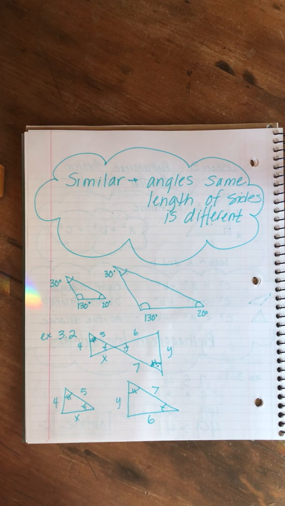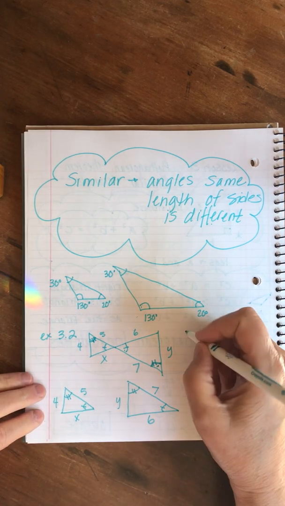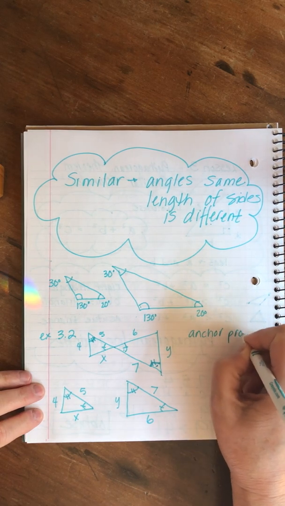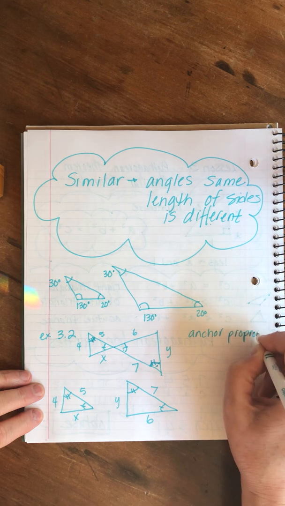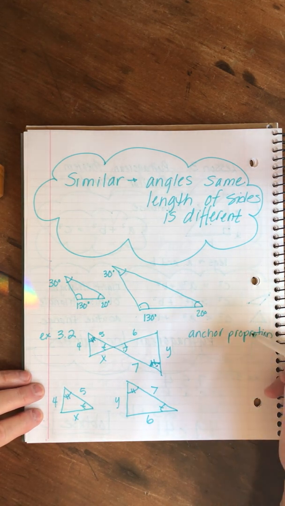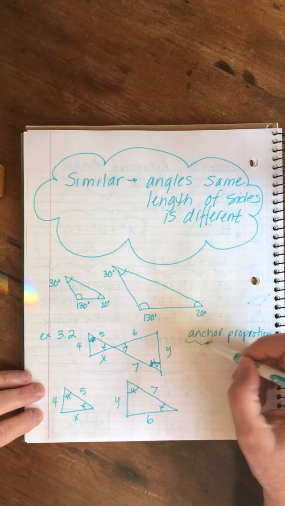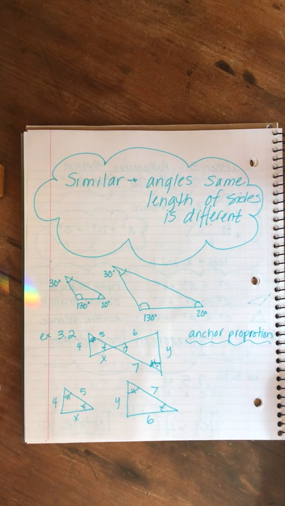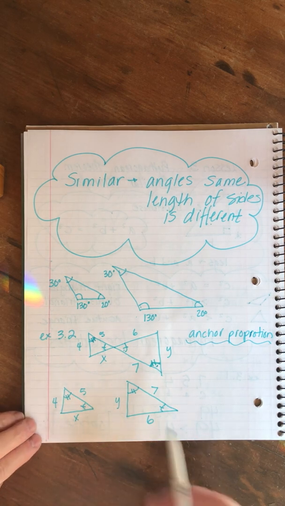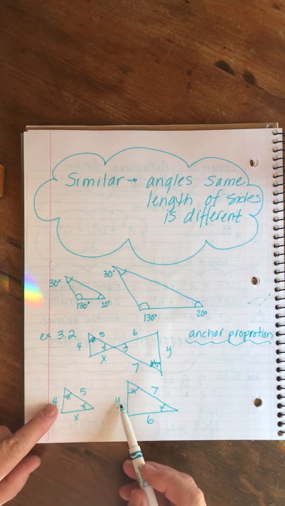So the first thing we do is we look for what's called our anchor proportion. The anchor proportion is simply proportion. I spelled it wrong, sorry. Is simply the pair of sides between the two triangles where they each have a number given. And I can see, okay, the 4 and the Y, that's not going to work.